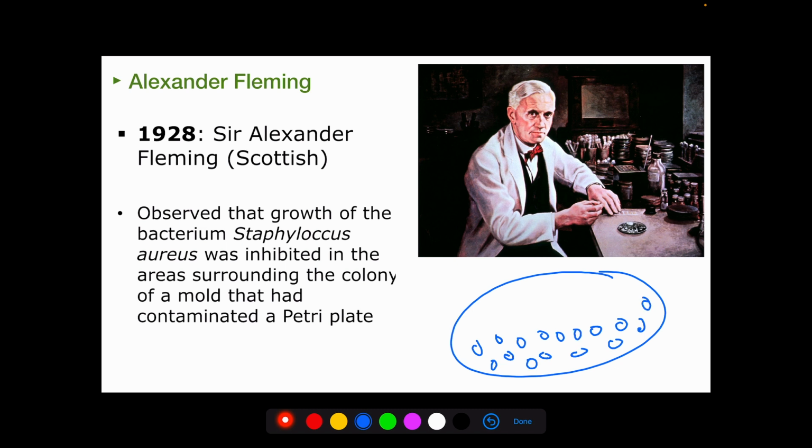And this was the part of the dish which had been contaminated by a mold over here. So he realized that it was the mold which was preventing the growth of the Staphylococcus aureus over here. So what did he do?